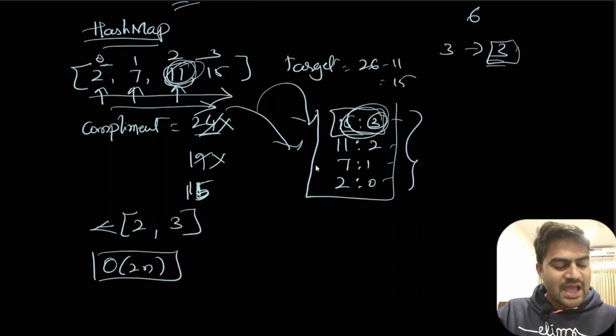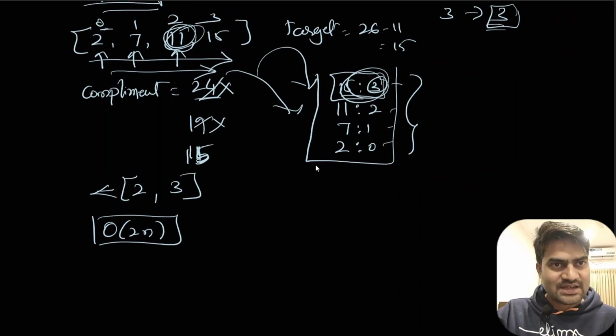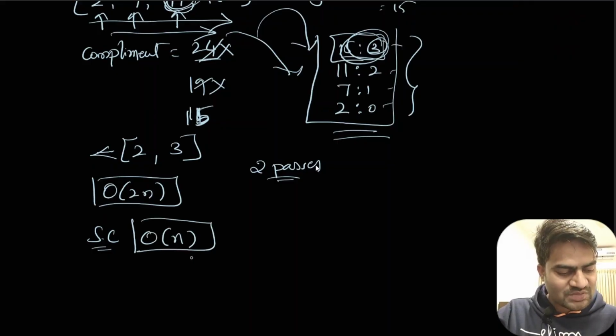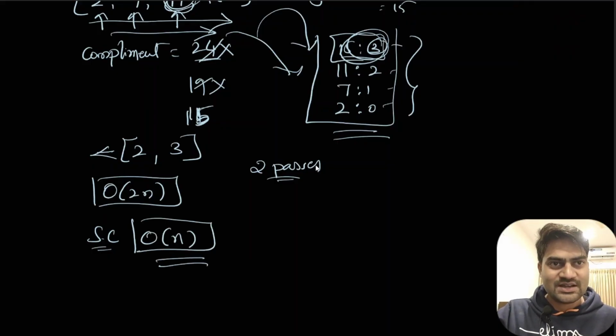So we get the target or the indexes in 2 passes. And again here we are using extra space, which is the hash map. So space complexity is order n.